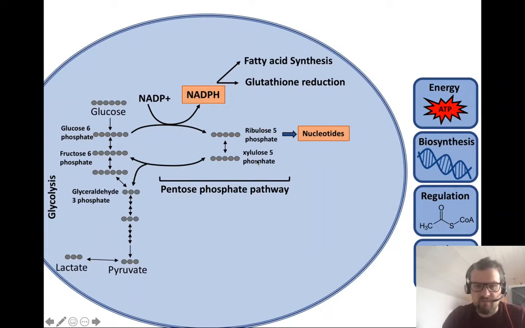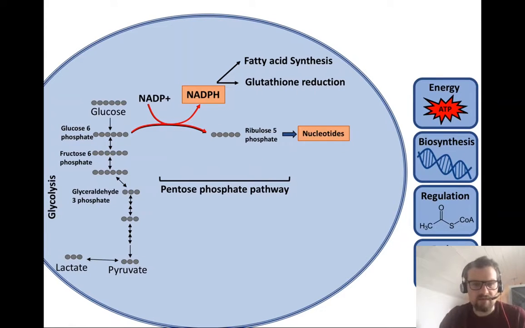So the pentose phosphate pathway can be used in multiple formats. This shows the whole pathway and the different routes that the carbons can go. If you have a core requirement for nucleotides, you can convert your glucose-6-phosphate into ribulose 5-phosphate, and this can be siphoned off to make the nucleotides, making NADPH at the same time.